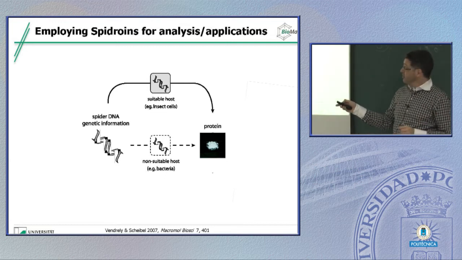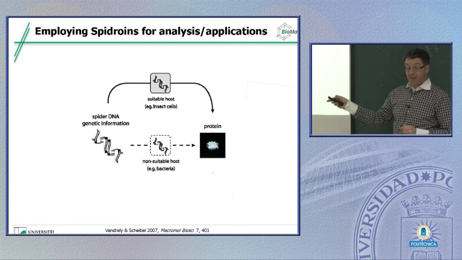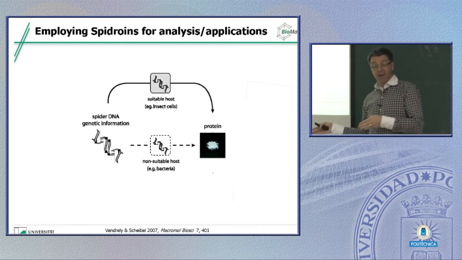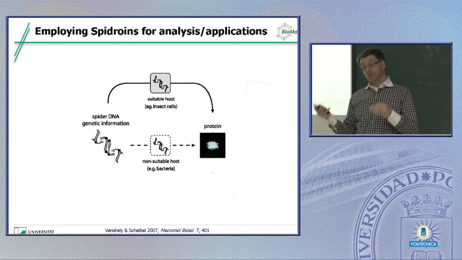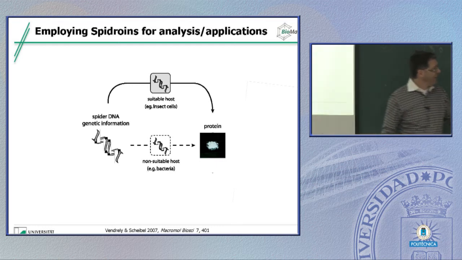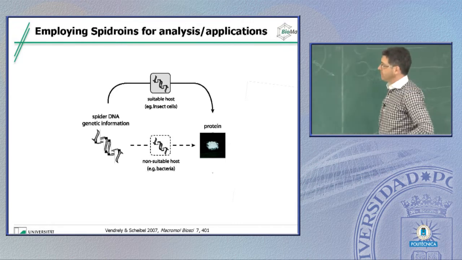And I mentioned already that bacteria are a non-suitable host. You, of course, can transfer the DNA into bacteria, and the bacteria don't mind, but they cannot produce proteins out of that DNA because they cannot read the codon usage very efficiently.